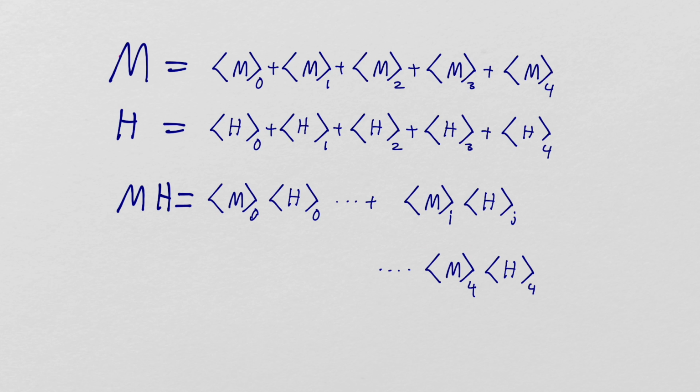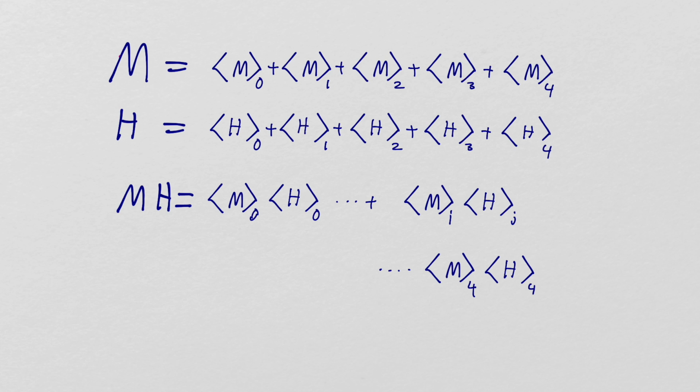So the point of this slide is to show that we can do the space-time product of two arbitrary multivectors as described here. But we have to know how to do the space-time product of every one of the blades with every one of the other blades.